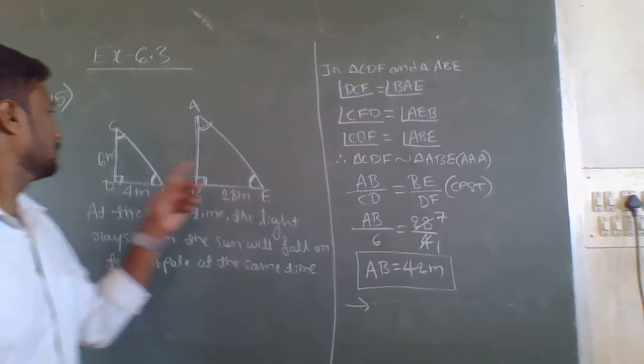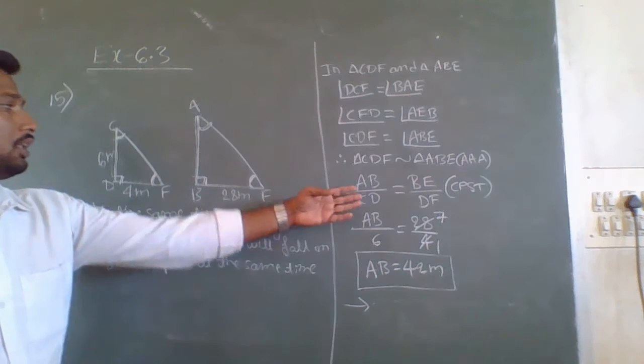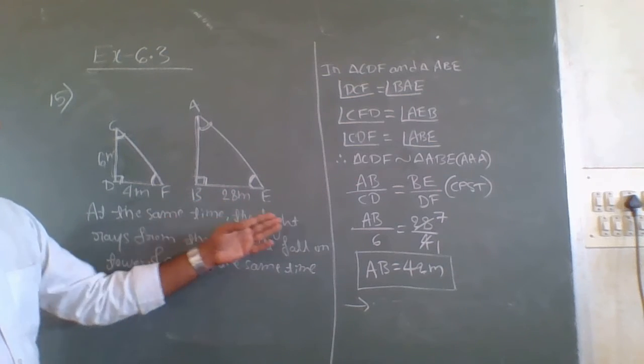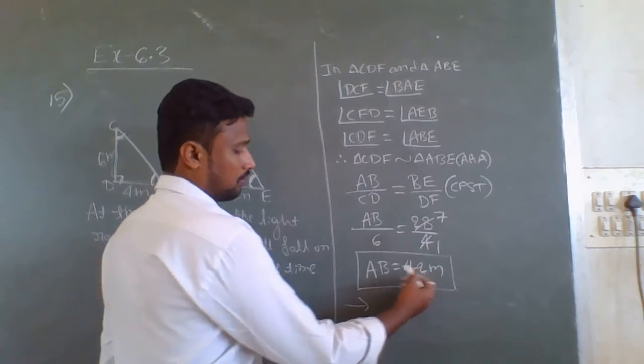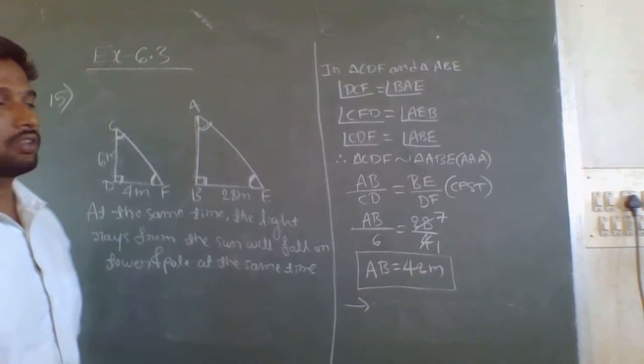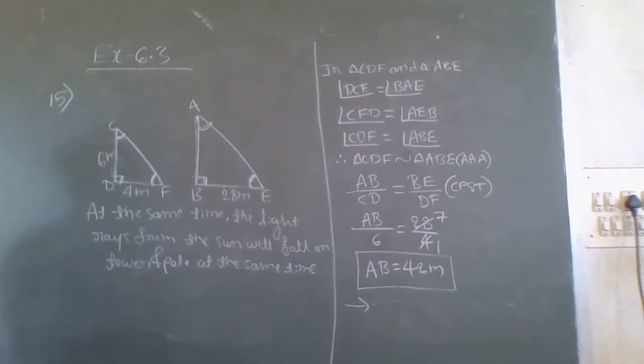CD is 6 and BE is 28 and DF is 4. So if we calculate, what is the answer? 42 meters. Therefore, length of the tower is 42 meter is the answer.